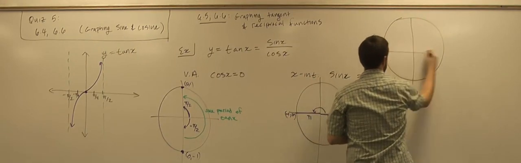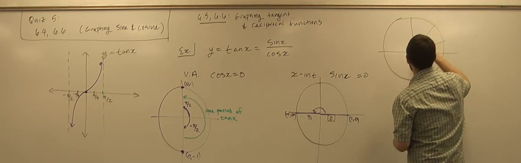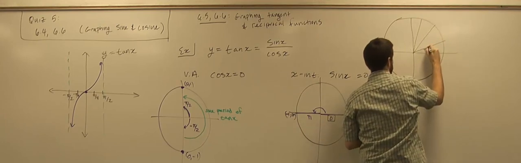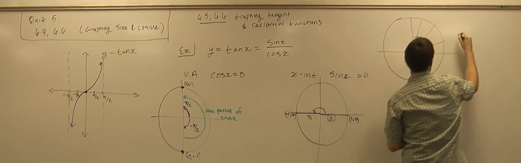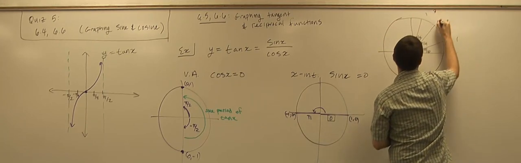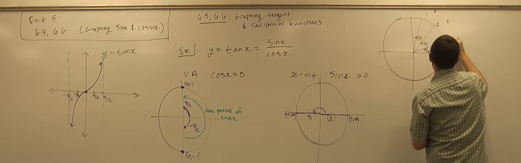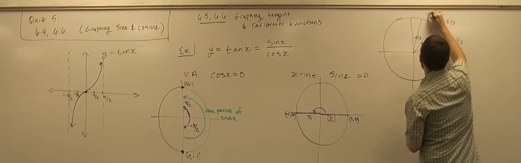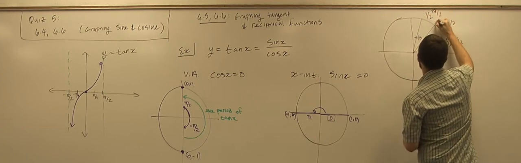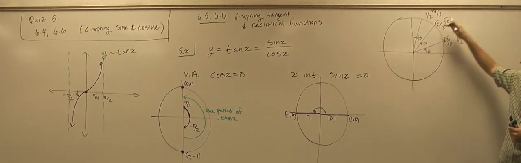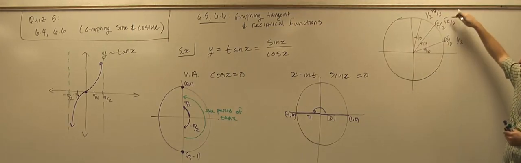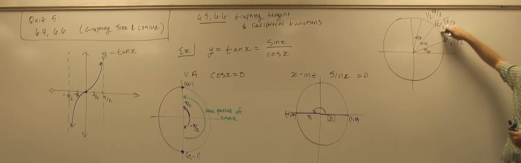So we have pi over 6, pi over 4, pi over 3. So tangent at pi over 4 is y over x. So when you divide this guy by itself, you get 1.